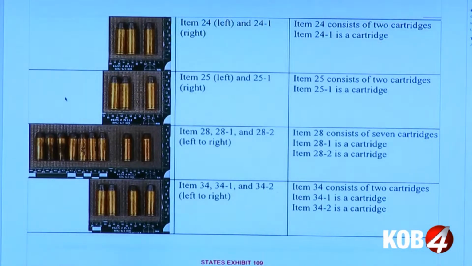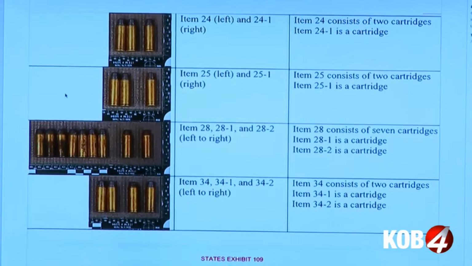So this shows the images of the cartridges prior to disassembly. The middle column explains the original item number as well as the item number that I was going to create in order to disassemble a cartridge. And then the last column is just a description of what's left.